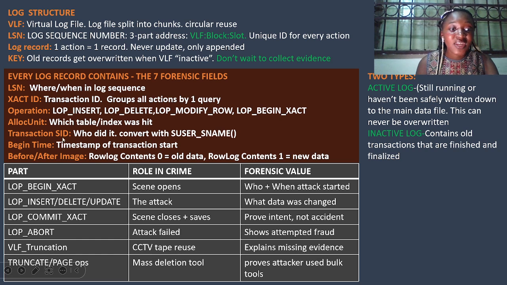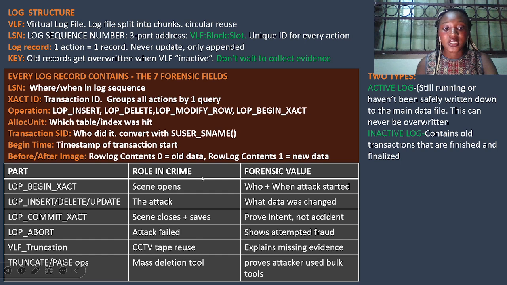Then the transaction SID is going to help us to catch who, because when we use this function, we can actually get the name of the person who did the action. Now the beginning time is just telling when the action started, and for the before and after image we have the row content, so the initial value and the row content of the new updated value.